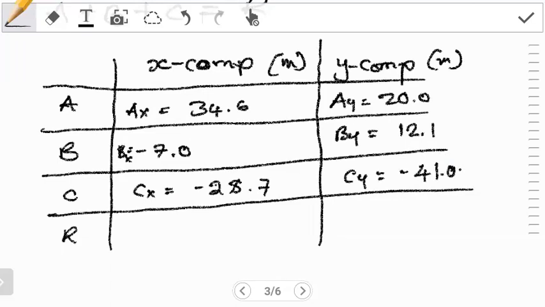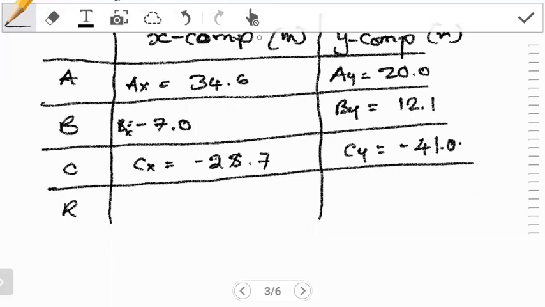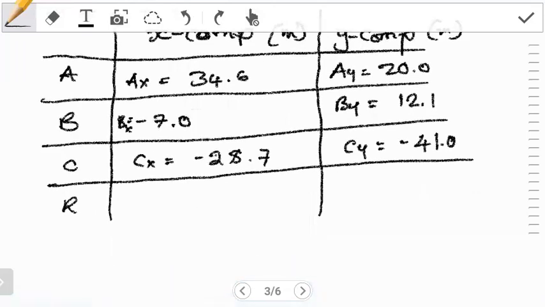Okay. Now, once you have found this, how do we get the resultant? Easy. I think I demonstrated earlier how to get the resultant. Here we have the resultant in x, and here the resultant in y.